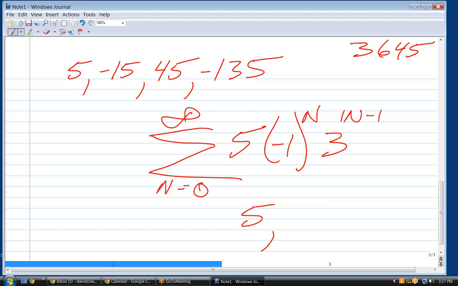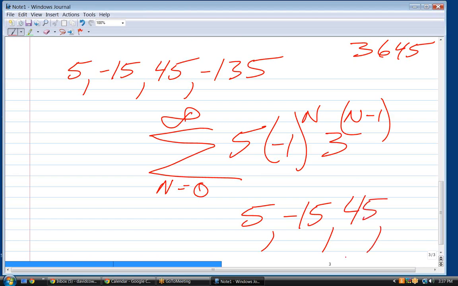I get it. See, that gives you -15. And then the third term, where n is equal to 2, would be 5 times a positive 1 times 9.